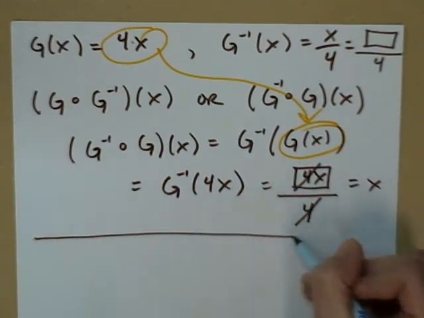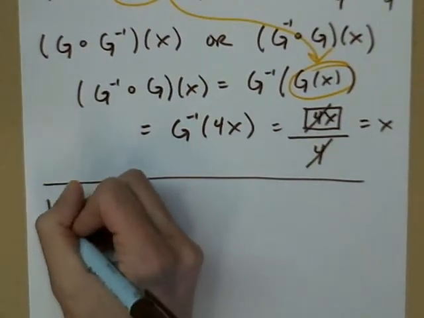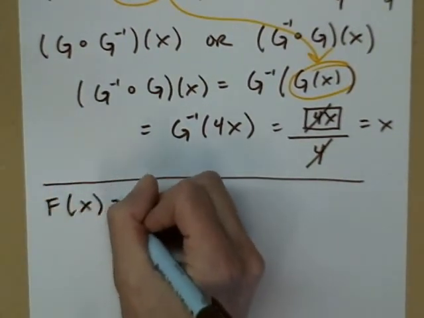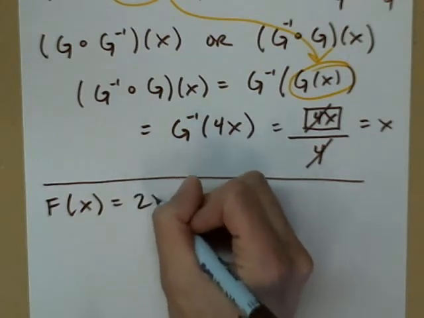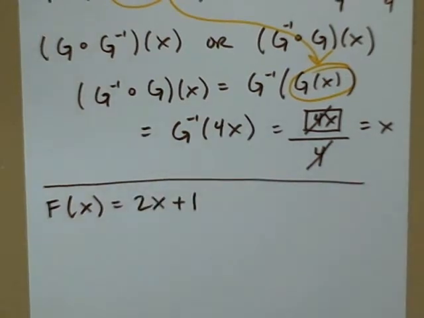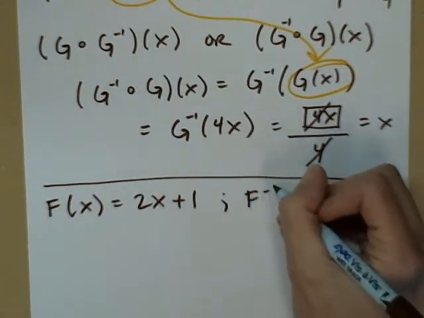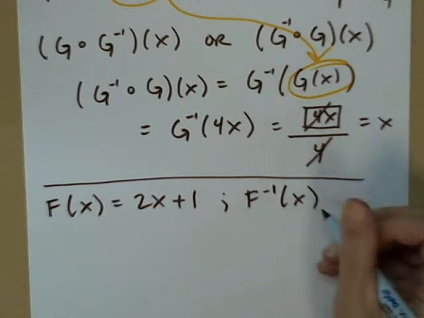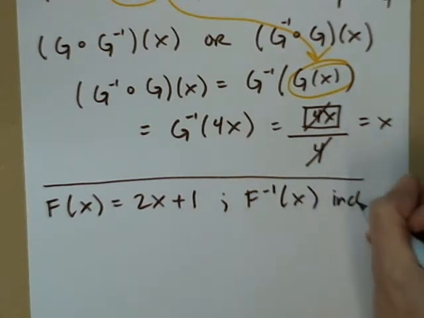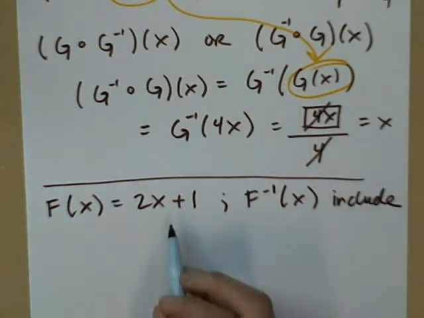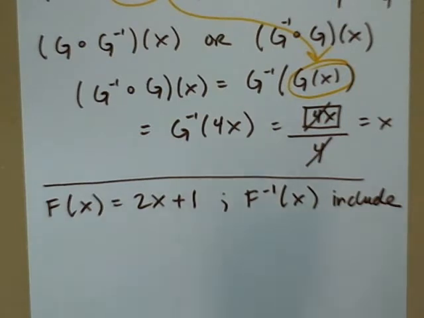If we do another example, let's look at, I don't know, maybe capital F. And let's combine them. Let's do 2x plus 1. So we know what we're expecting in our inverse function. I'm going to actually do it algebraically in a second, but I know that our inverse function needs to include operations that undo the original operations.